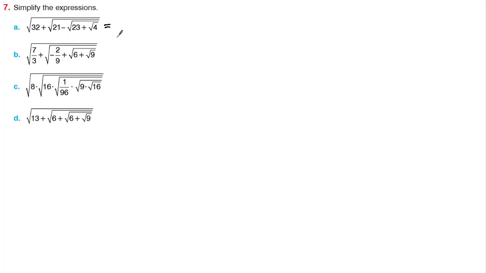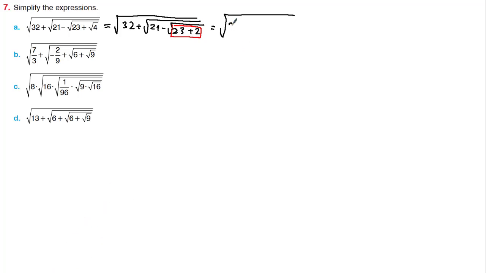here, as we mentioned during the lessons, this is just like a problem with nested brackets, so brackets inside brackets. We will start from the innermost part, the rest will be all copied. So what do you get? 32 plus square root of 21 minus square root of 23. Now root of 4 is just 2. So again, let me color this part. So now we will just add 23 and 2.